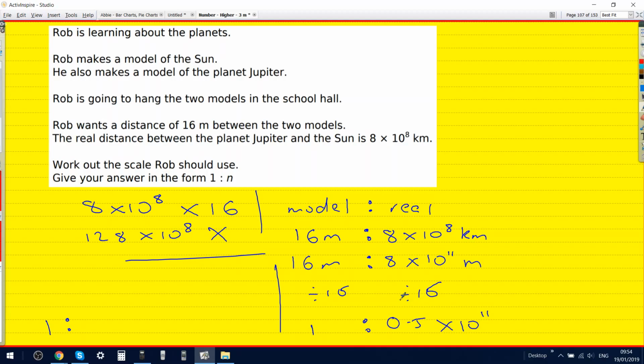Wait, sorry, say that again. So you just do 0.5 times one of those 10s. Yeah. And then how many 10s will be left over? So 0.5 times 10 is 5 times 10 to the... is it 6 or something?